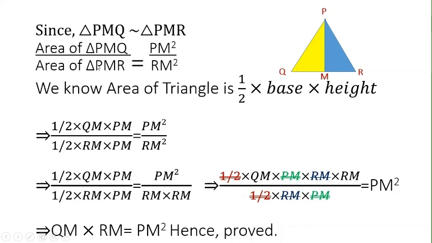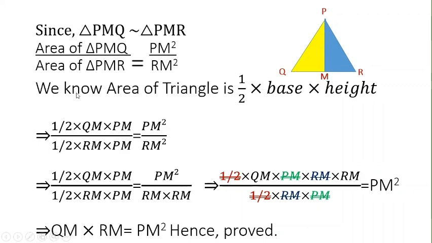So applying that property, we can write that area of triangle PMQ by area of triangle PMR is equal to PM square by RM square. We can write corresponding sides: PM square by RM square.